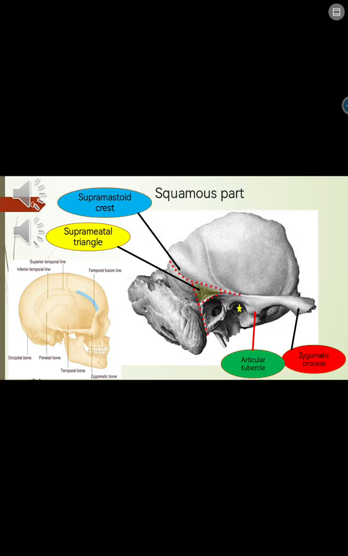Anterior articular area formed by the squamous part, but posterior non-articular area formed by the tympanic part of temporal bone.